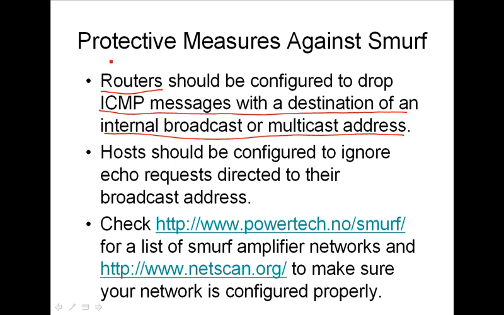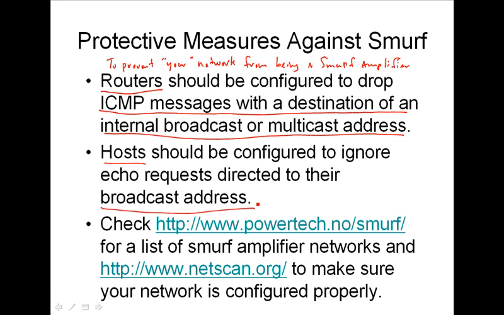The reason for this is to prevent your network from being a Smurf amplifier. This is not going to keep you from being attacked, but it will prevent your network from being a Smurf amplifier. You should also configure your internal host to ignore echo requests sent to their broadcast address.